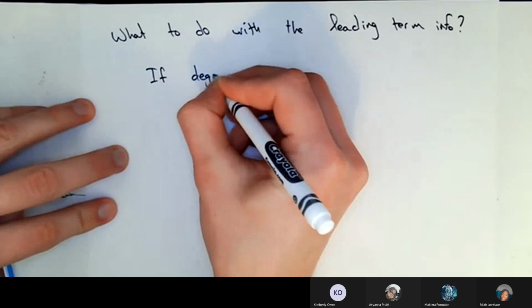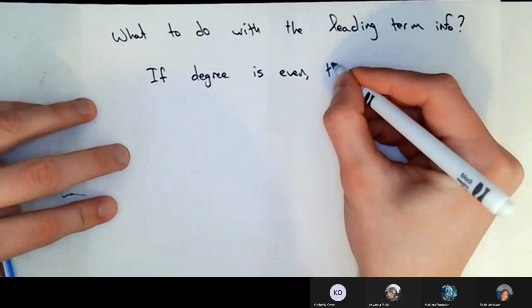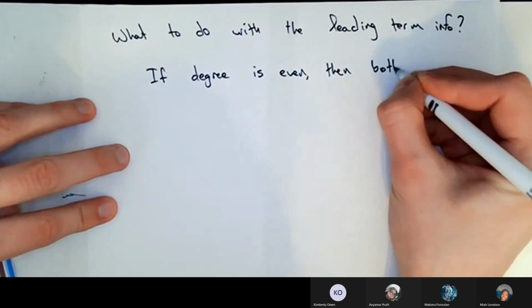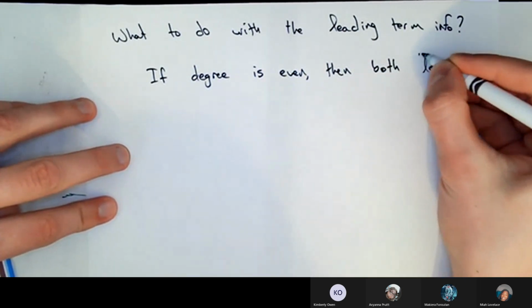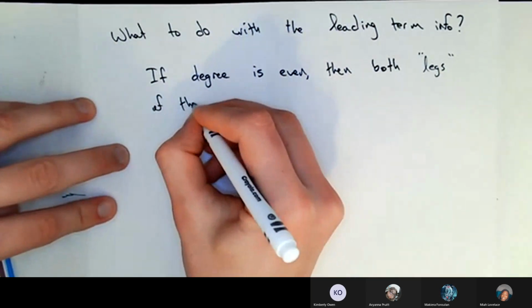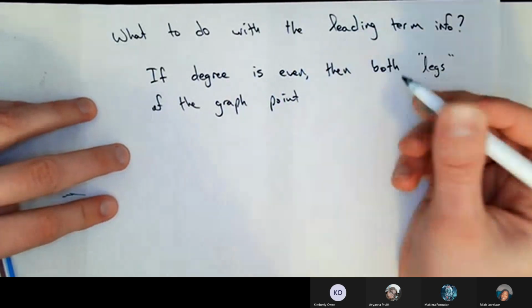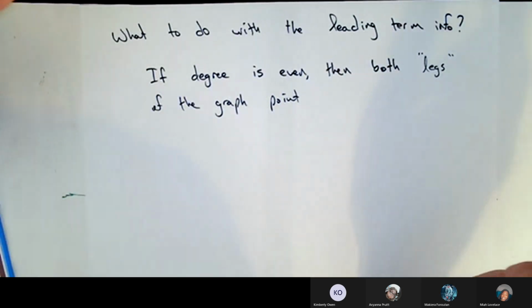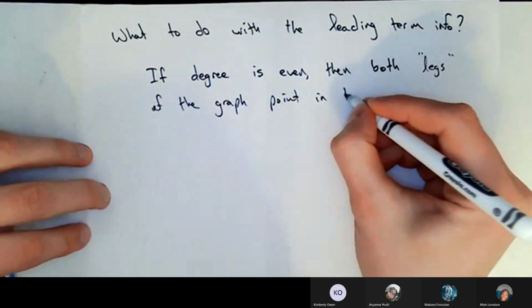If the degree is even, then both legs, quote unquote, of the graph point in the same direction. I'm not going to say point up because I don't know if they both point up or both point down, right? But they point in the same direction.